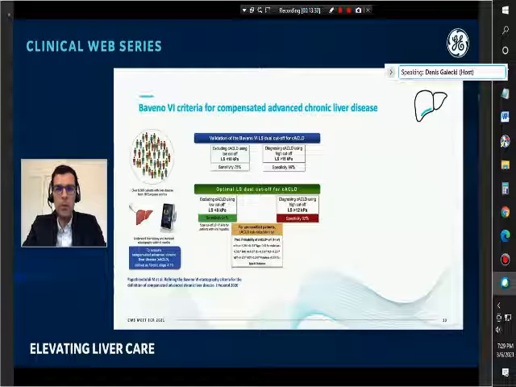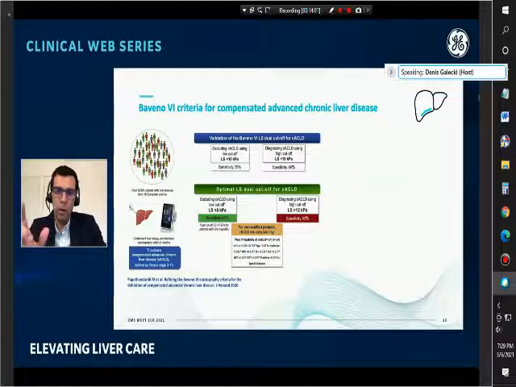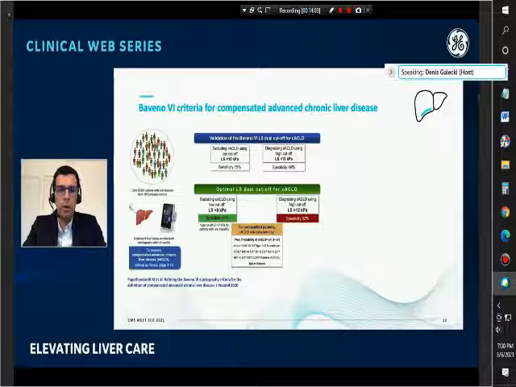In a recent European study performed on more than 5,600 patients with liver biopsy, they refined these cutoffs to 8 and 12 kPa for ruling out and ruling in ACLD, with a sensitivity and specificity of more than 80%. And between both, there is a gray zone with unclassified patients who will need further examinations.